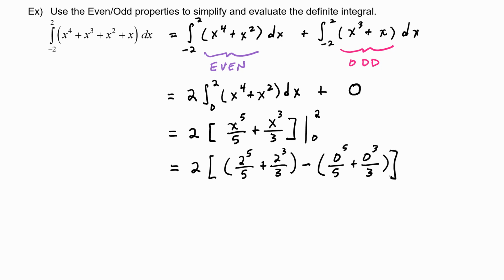And you can see why we love plugging in x equals 0, because this whole part is 0. So now, if we grab our calculators and evaluate this one, we will get 272 over 15.